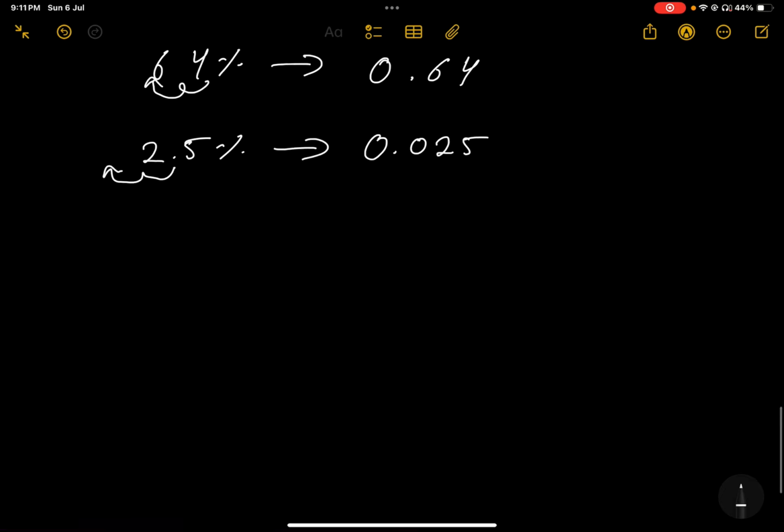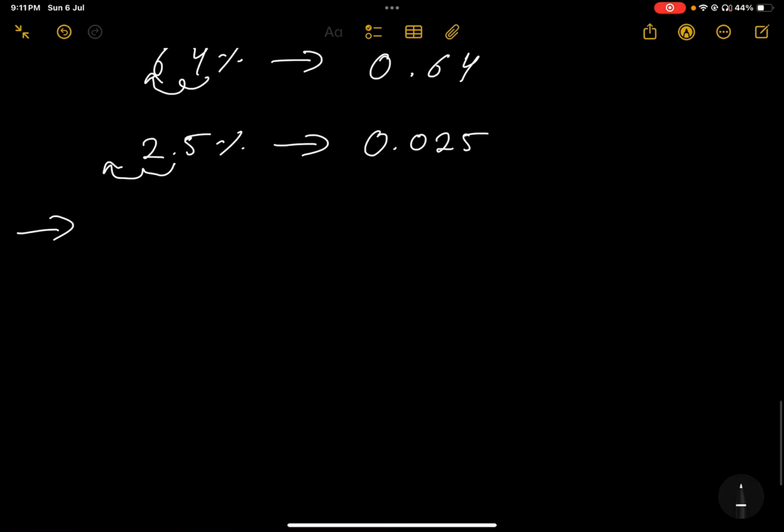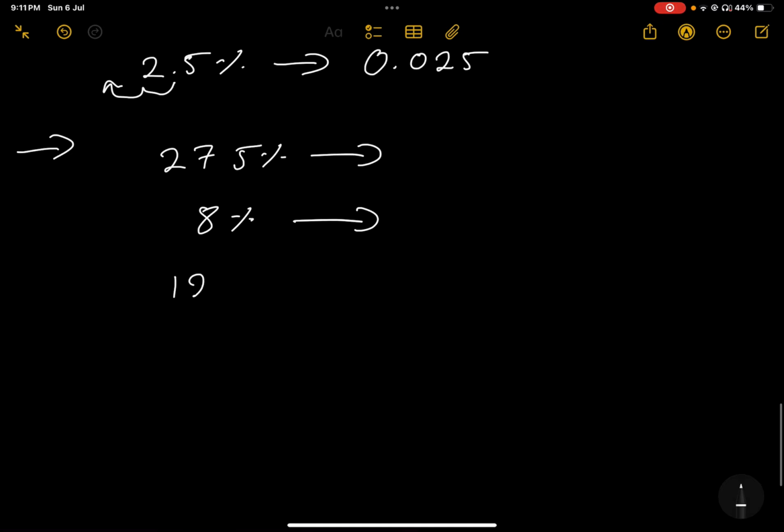Let's get some more examples to learn the concept more deeply. We'll have 275% change in the decimal form, 8% change in the decimal form, 12.3% change in the decimal form, and we have 4.2% change in the decimal form.